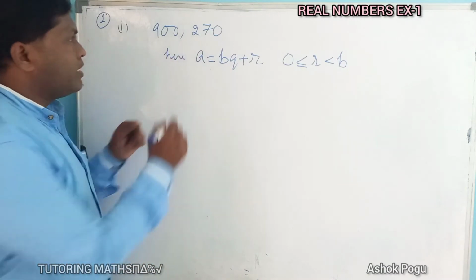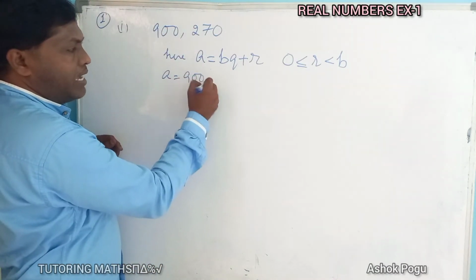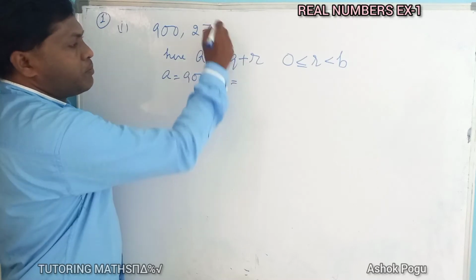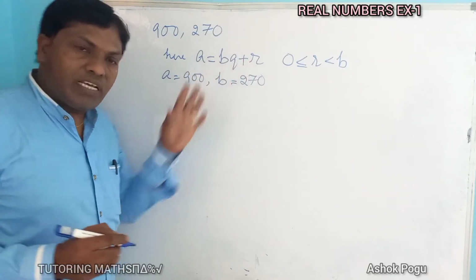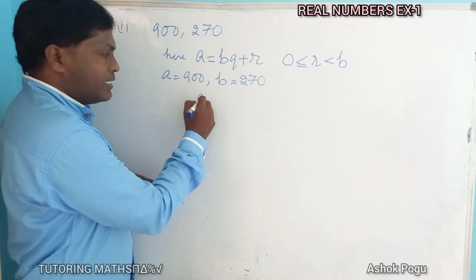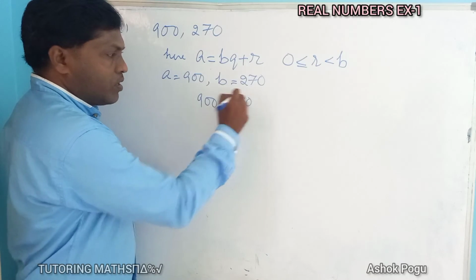Yes. And now here, what is a? A is the bigger number, as you know, and b is the smaller number, 270. And let us follow this division method. 900 should be divided by 270.